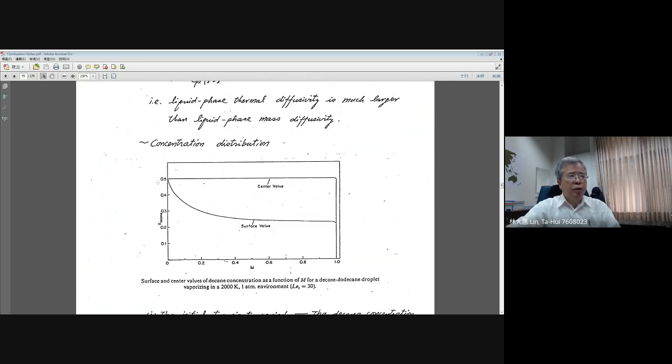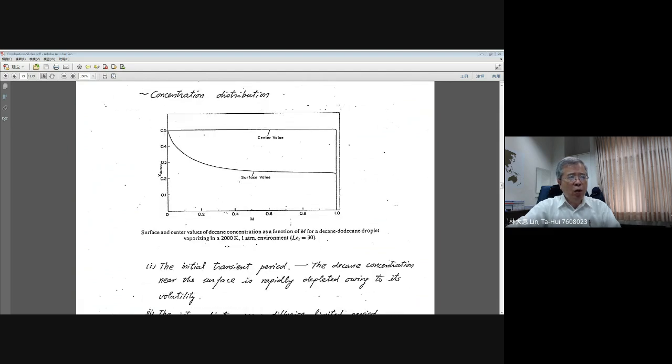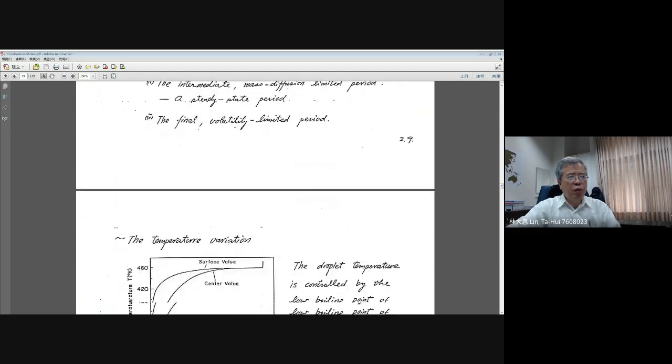Okay, and they try to give you the explanation on the variation of the decane concentration on the surface of the droplet and also at the center. This is a concentration distribution, and they also calculate the temperature distributions.